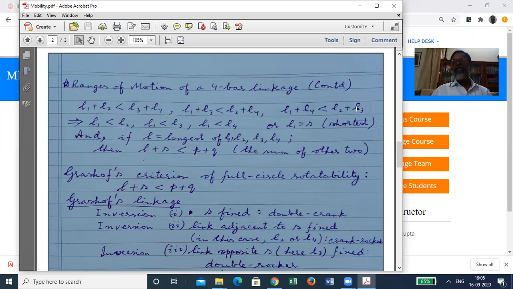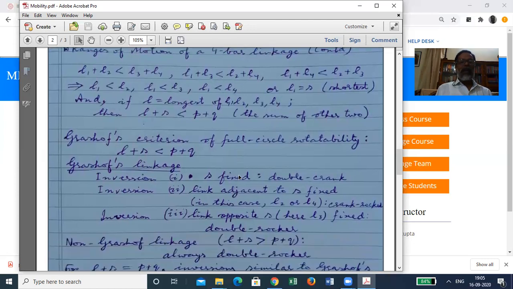So in one shot, you can say S plus the longest, because if the longest sitting there holds, then the shorter ones will certainly hold. This is the condition. That is, shortest plus longest should be less than the sum of the two intermediate ones. And this is the famous Grashof's criterion for full circle rotatability.